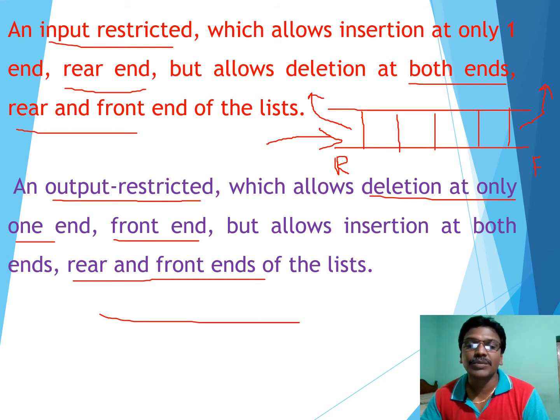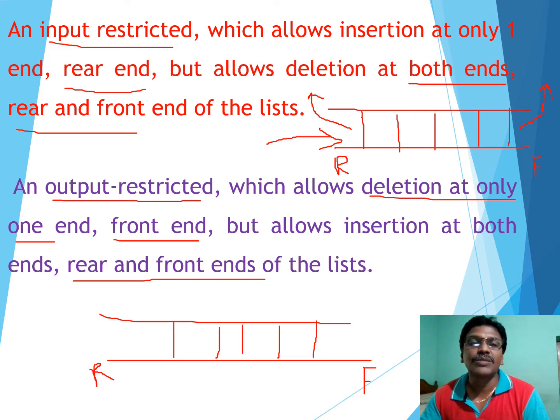That is, for example, in a queue, this is the front end and this is the rear end. Deletion can be performed only at the front end, but insertion is allowed at both ends. It means insertion is possible at the rear end and also at the front end.